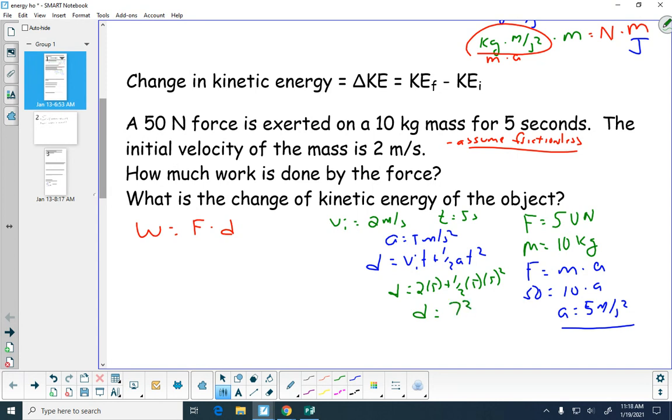72.5. So we have a displacement of 72.5 meters. So we can find our work by taking our force, which is 50 newtons, multiplying by 72.5 meters.